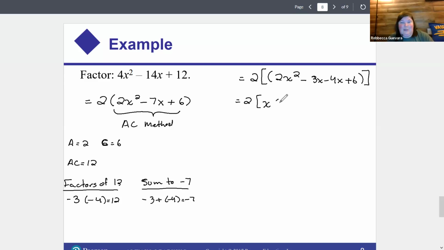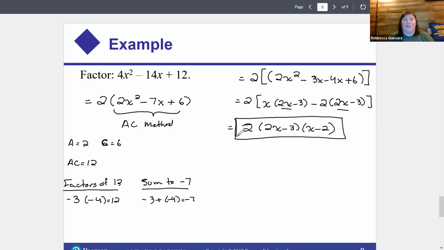Well, just x, and I'm left with 2x minus 3. What can I pull out from minus 4x and plus 6? Well, I can pull out a negative 2, leaving me with 2x minus 3. So I can pull out a 2x minus 3 from both of these, and then I'm just left with x minus 2.